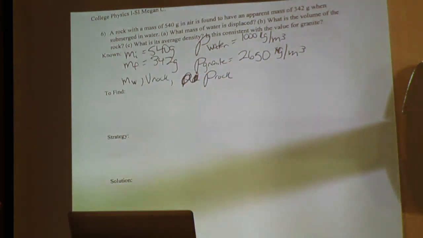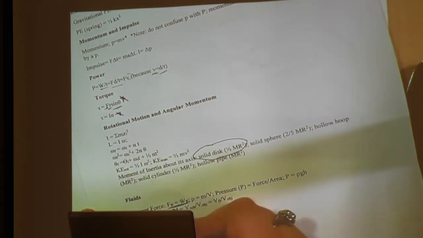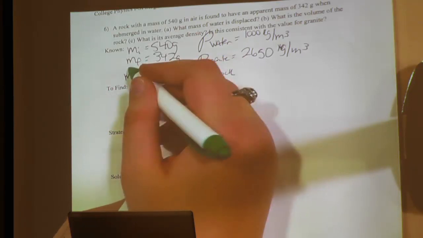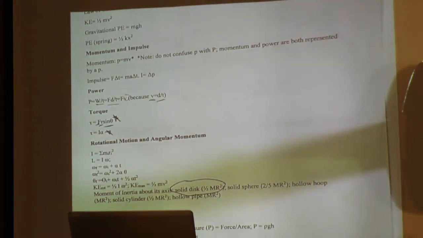Let me check, there's a formula. All right, so we're going to use the buoyant force here. We have to figure out the buoyant force in order to find the mass of the water displaced, right? So in order to be able to find that, we need to use the buoyant force.